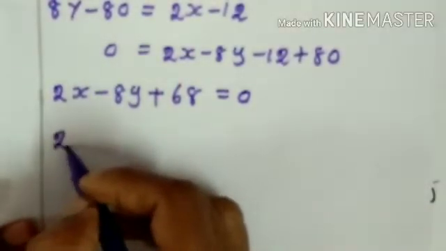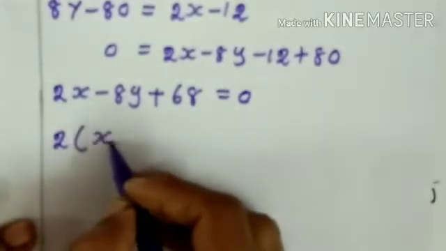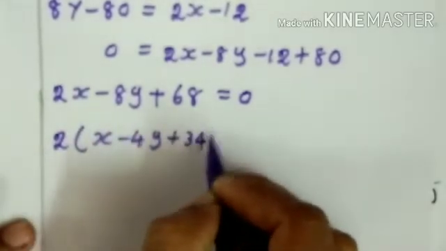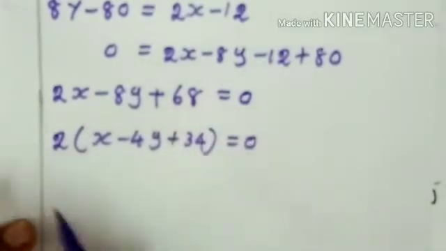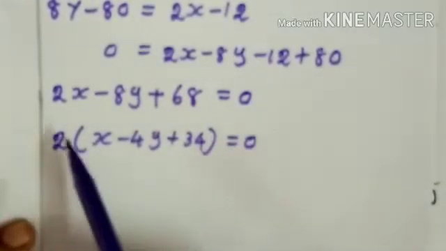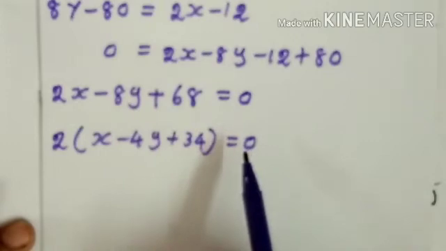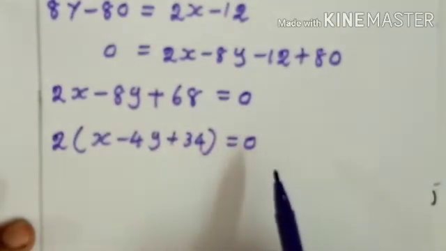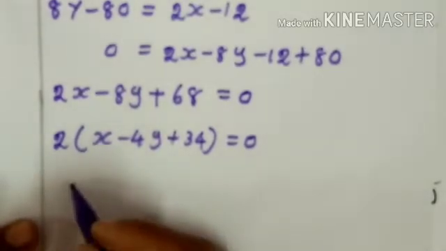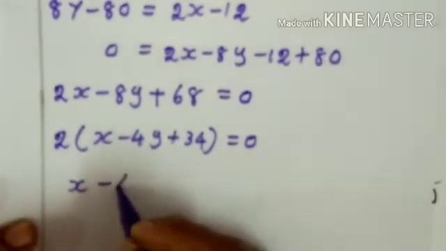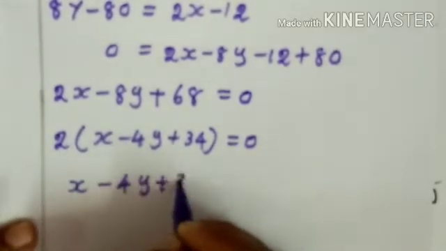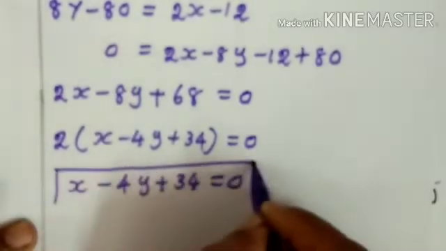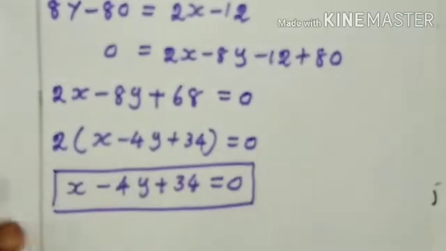So, you take out 2, and we get x minus 4y plus 34 is equal to 0. You transpose this 2 after the equal sign, it becomes a division, that is 0 divided by 2, also 0. Then the equation is x minus 4y plus 34 is equal to 0. This is the answer for this question.